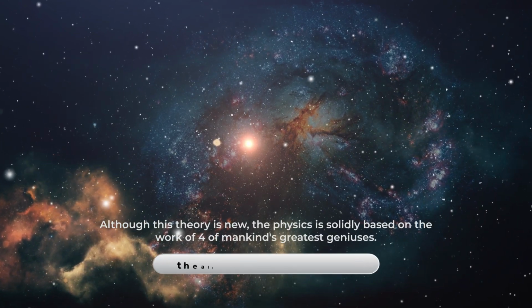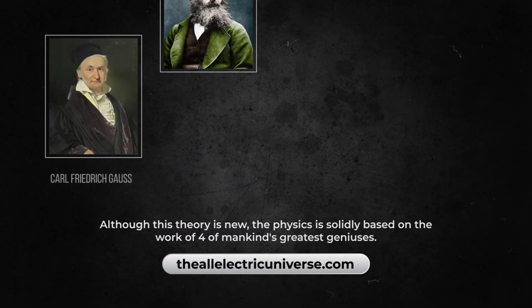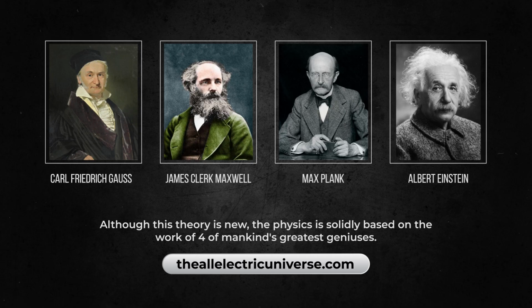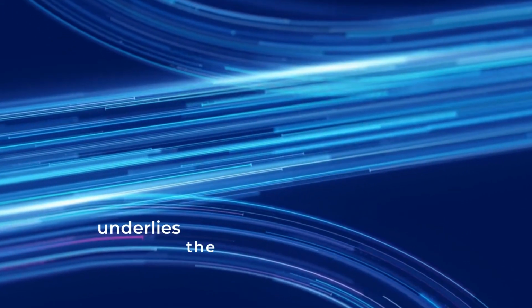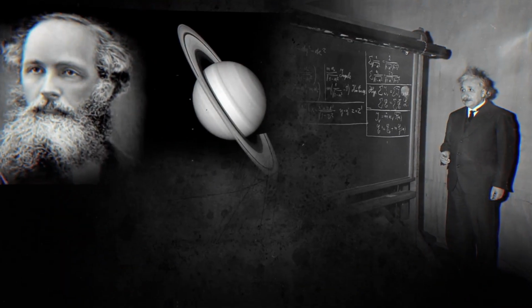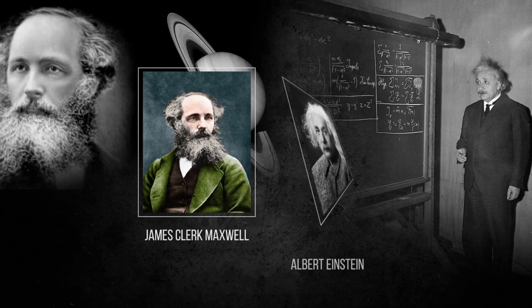Although the theory is new, the physics is solidly based on the work of four of mankind's greatest scientists, who proposed that electromagnetism underlies the whole universe. This approach can be justified by the work of James Clerk Maxwell and Albert Einstein.